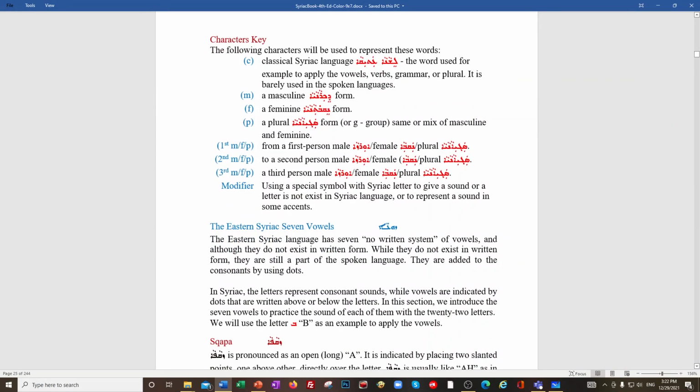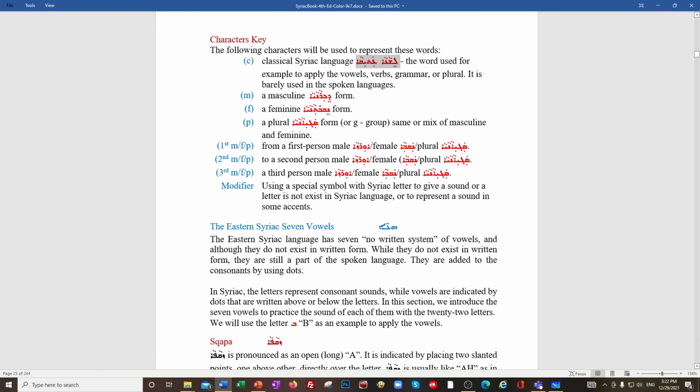Just a couple of notes here. You know that the characters key, when you're going to see something like this one between two parentheses in this book, that means a classical Syriac language, Lishana Atiqa. The word used, for example, to apply the vowels, verbs, grammar, or plural. It is barely used in the spoken language.